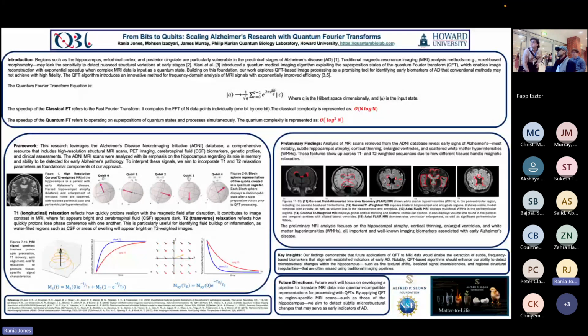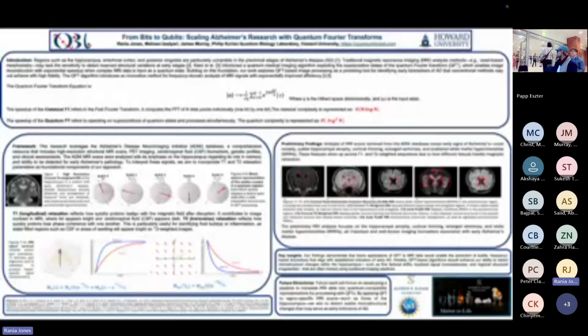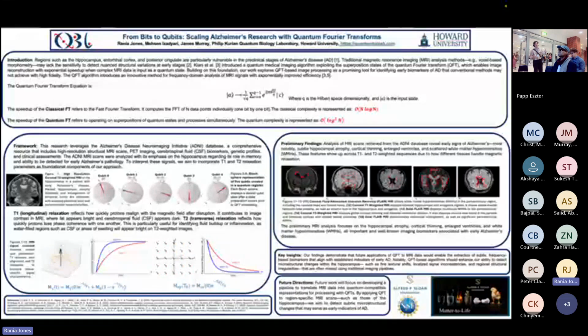So far my work has focused on understanding the ADNI data sets, the MRI signal formation, the Alzheimer's biomarkers, and the mathematical foundations behind QFT through the Kiani article. My next step is to move from theory into implementation by building quantum circuits and applying QFT algorithms, hopefully to quantum-compatible representations of the MRI data.